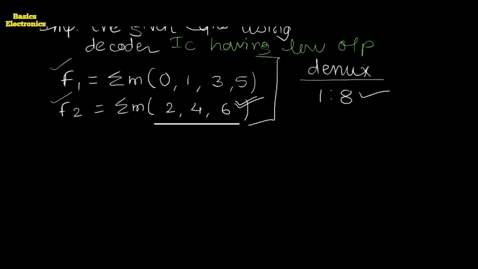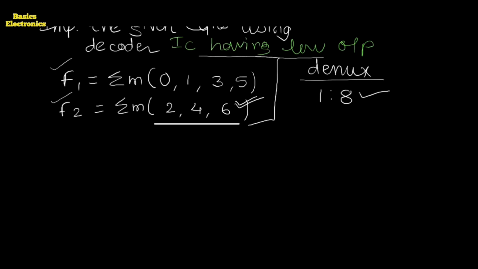That change is the IC is having active low output. So for active low output, we require to use the NAND gate. But here if they do not mention anything other, you are free to draw it by using only the OR gate or by using only the NAND gate.